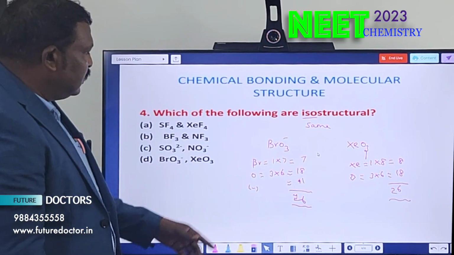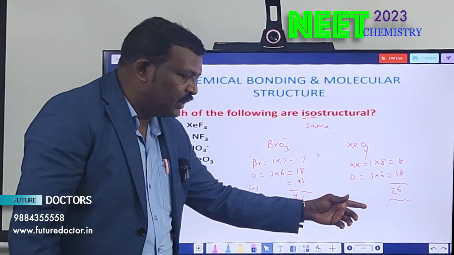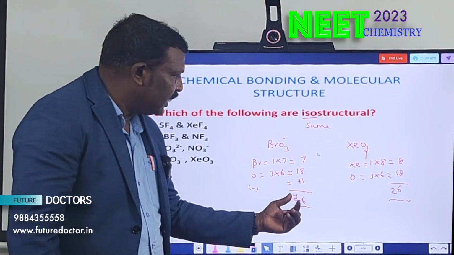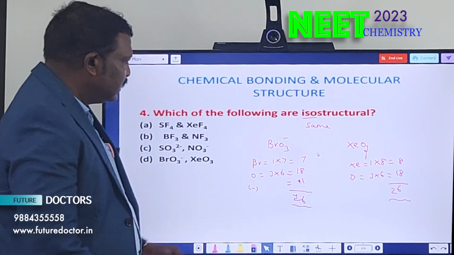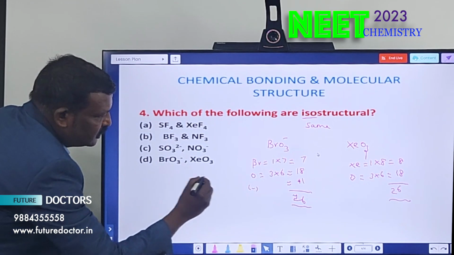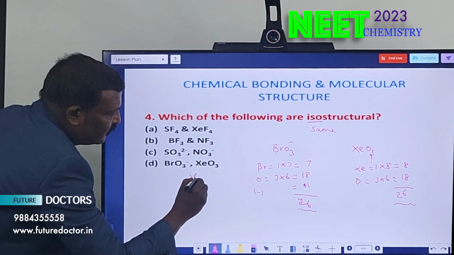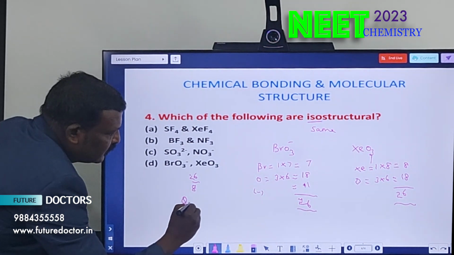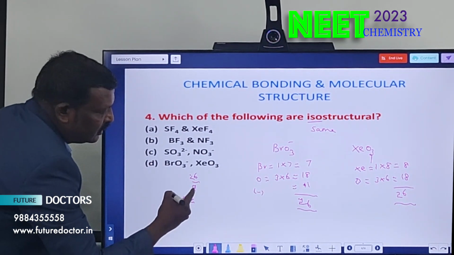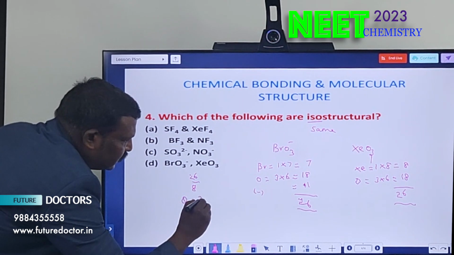Okay, students. So this is the way to find out the valence electrons. Add all the valence electrons and we get this. So both are getting the same number of valence electrons. So here 26, which is greater than 8. So divide 26 by 8. What's the quotient? How many times does 8 go into 26? 3 times.